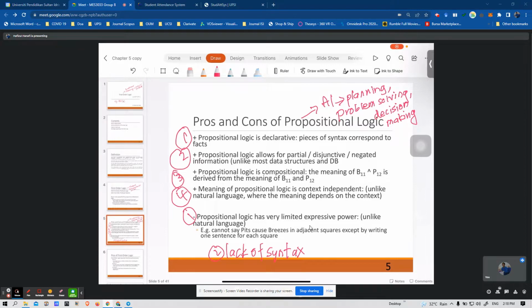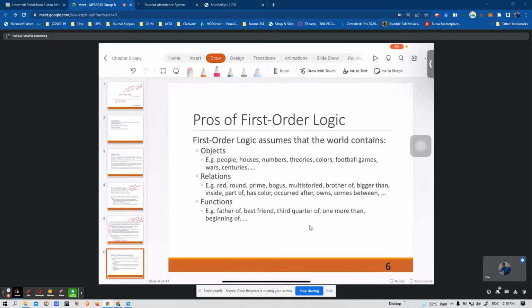Propositional logic only permits statements about the domain of interest. For example, it is not possible to have a symbol for Socrates. Rather, it is possible only to make statements about Socrates. We must have a complete syntax. The first order logic will assume that the world contains objects, relations, and functions. For example, for objects: people, houses, numbers, stories.